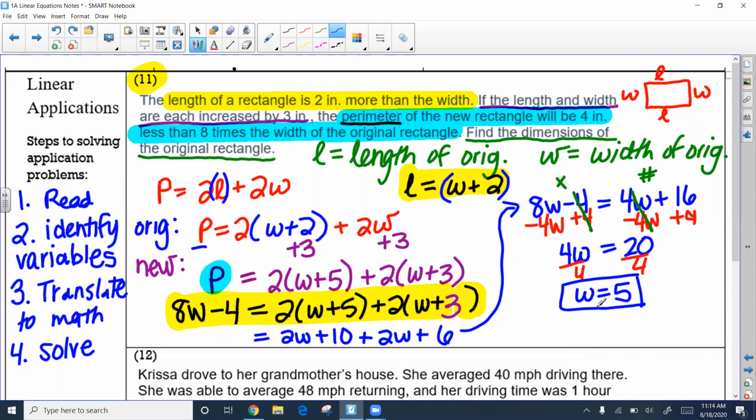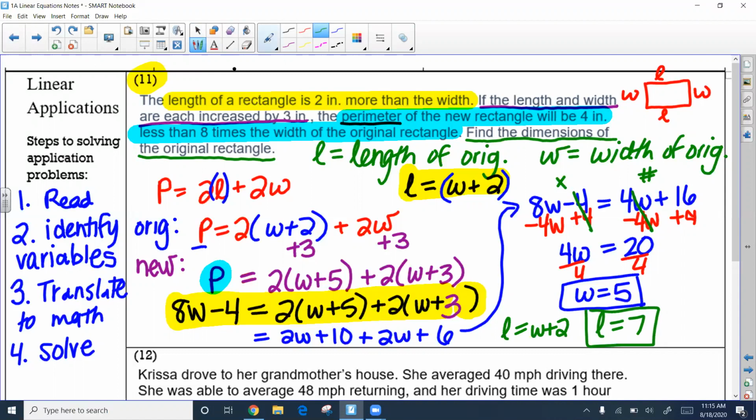But remember, we were trying to find the dimensions. So not only do I need to know the width, I also need to know the length. So that's where our original formula comes in, this was the very first formula we wrote, L equals W plus 2. I need to use that. And so if width is 5, the length is W plus 2, so the length is 7. Okay, so you could write your answer.